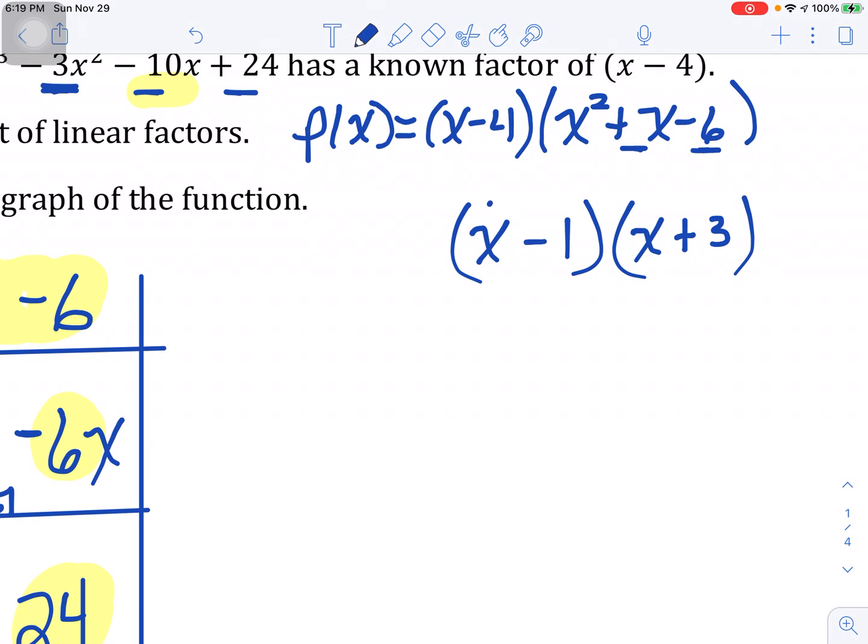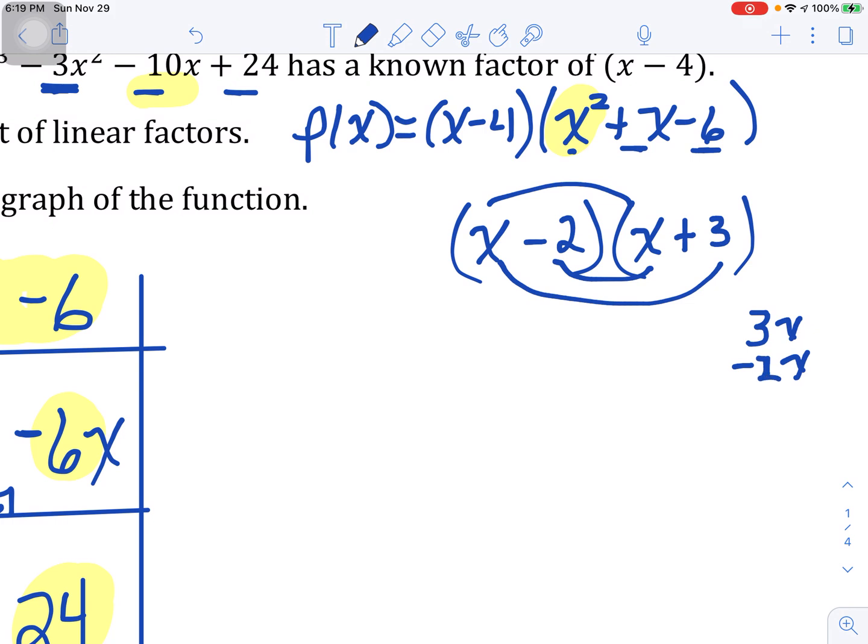So just double checking, this times this does give me the x squared. X times 3 gives me 3x over here on scratch paper. Negative 1 times x gives me a negative 1x, and when I combine those I get, this should have been a 2. Thanks.